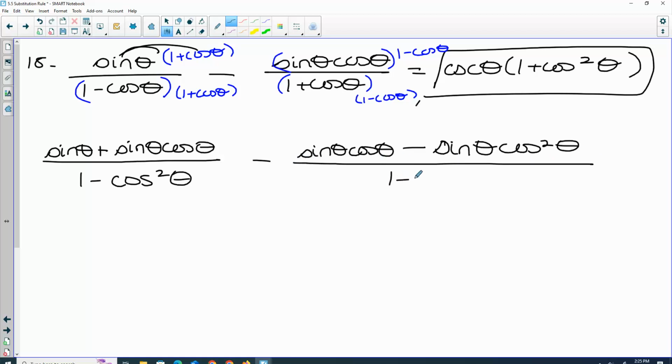We FOIL the bottom, we get 1 minus cosine squared. Now, if there's a minus, what do we do? So, positive sine theta cosine theta and negative cancel. We have sine plus sine cosine squared.